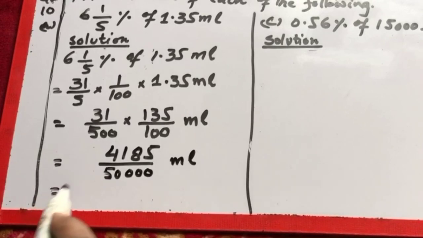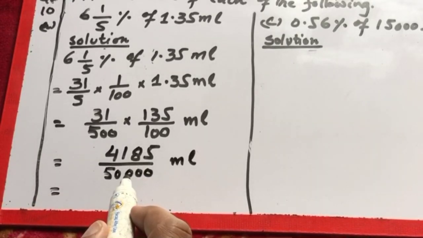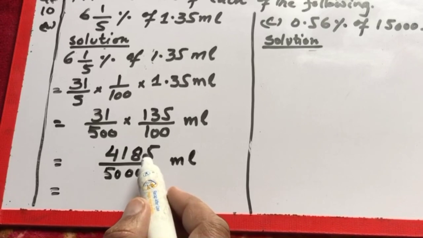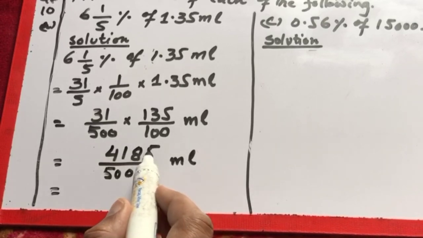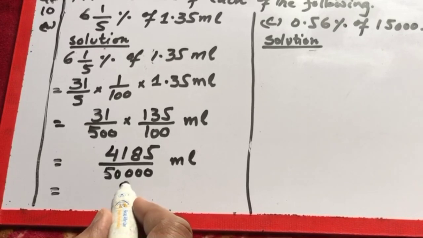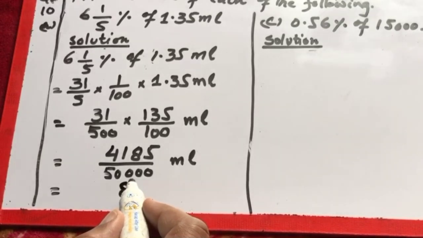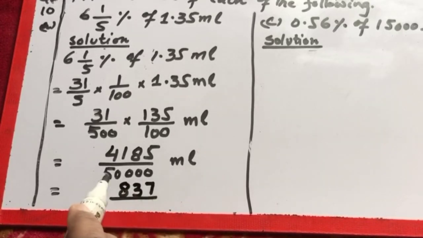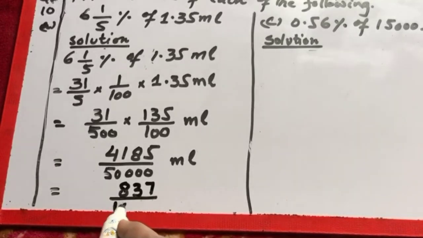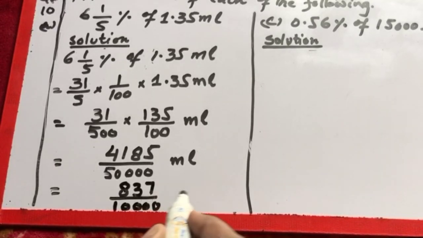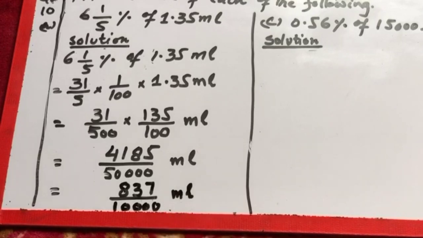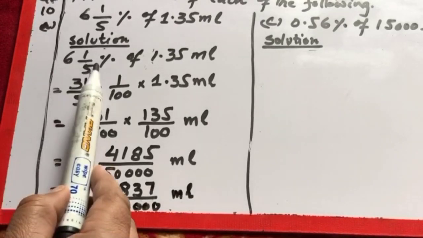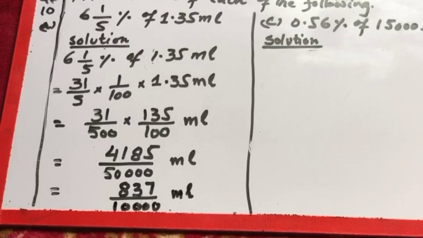Now if we divide both the numerator and denominator by the same number, which is 5, then dividing 4185 we will have 837 over, if we divide 50,000 by 5, then we will have 10,000 milliliter. So 837 over 10,000 milliliter is the value of 6 whole 1 over 5% of 1.35 milliliter.